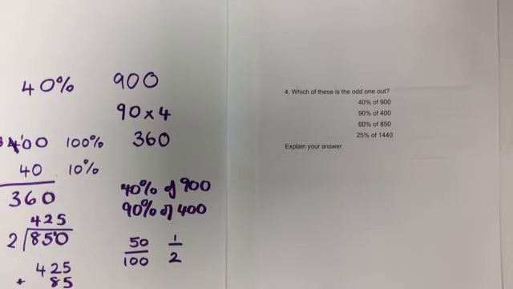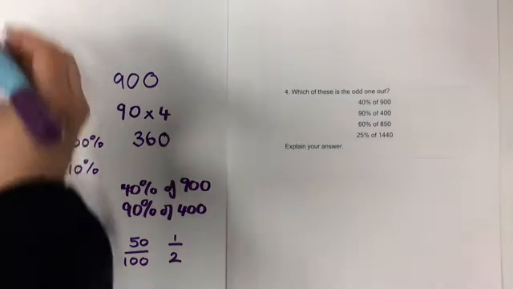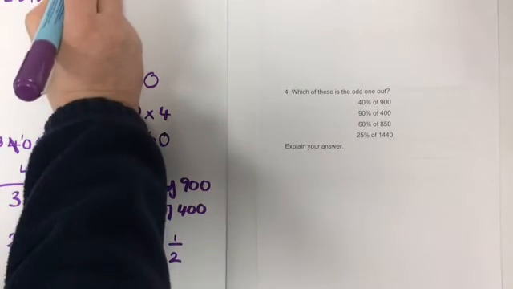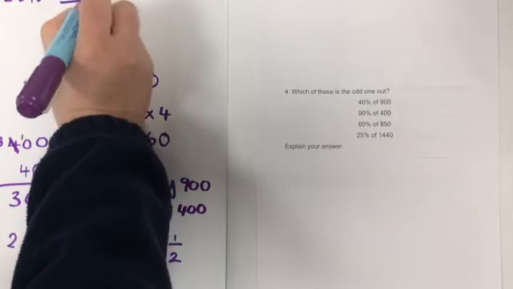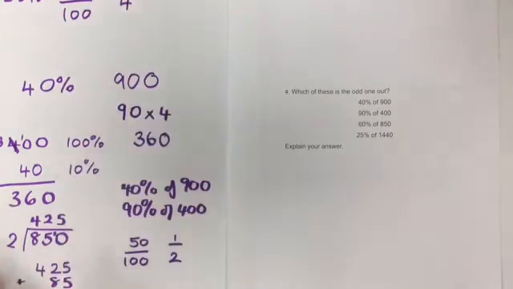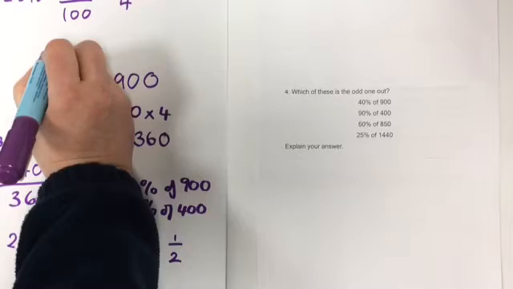Let's have a go at 25% of 1440. Now again, we're talking 25%, which we've already worked out is the same as 25 over 100, which is the same as 1/4. So we're going to divide 1440, not into 10 pieces to find a tenth, but into 4 pieces.